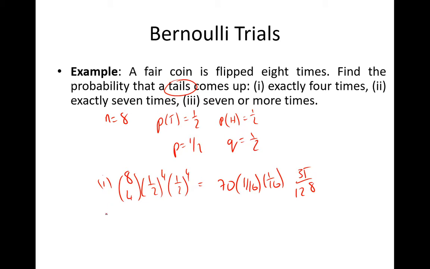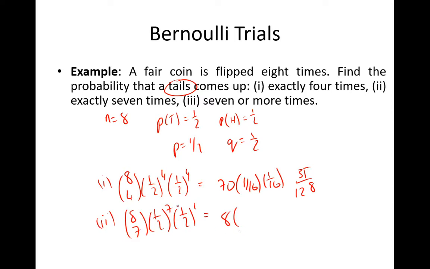Exactly 7 times. Part 2, exactly 7 times. Okay, how many times did I repeat the experiment? 8. How many successes do I want? 7. How many failures am I allowed? 1. So what's the probability of success? A half. So if that's success, there are 7 successes. Probability of failure is a half, and I want 1 failure. So again, the same thing. Now, 8C7, I hope you remember, is 8C1, which is 8.